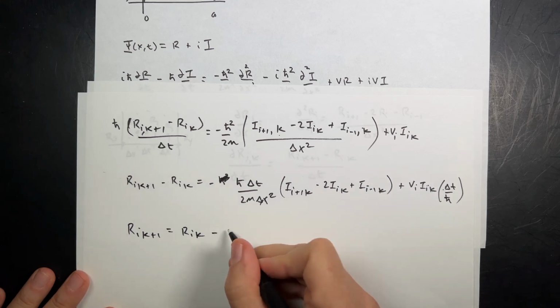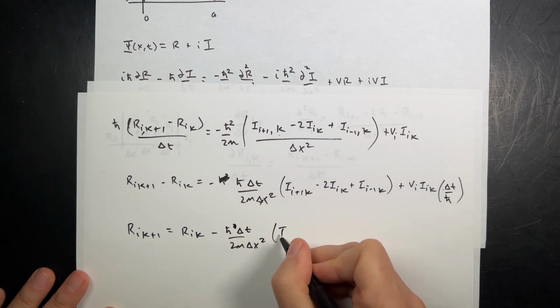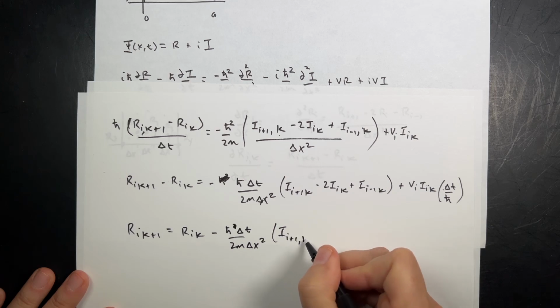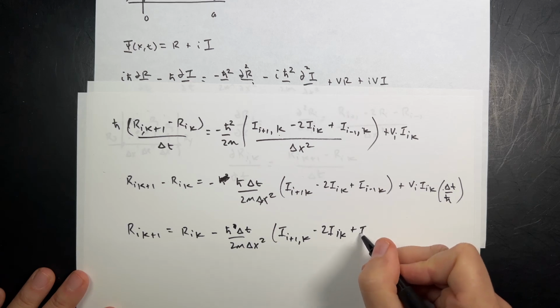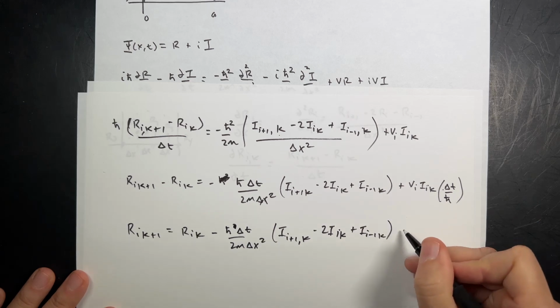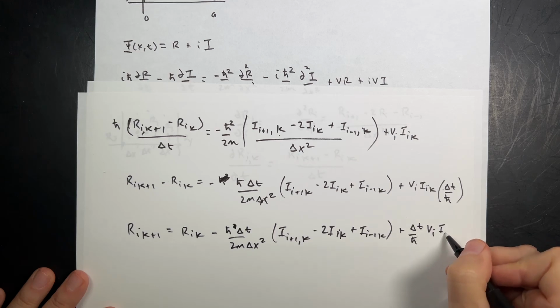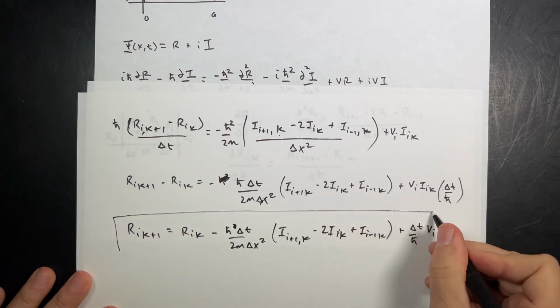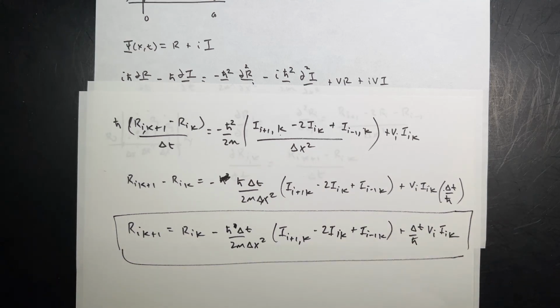Minus h bar, not squared, delta t over 2m delta x squared, i_(i+1)^k minus 2 i_i^k plus i_(i-1)^k, plus delta t over h bar v_i i_i^k. That is important. Am I running out of ink? I might be. New marker. Okay, saving this.